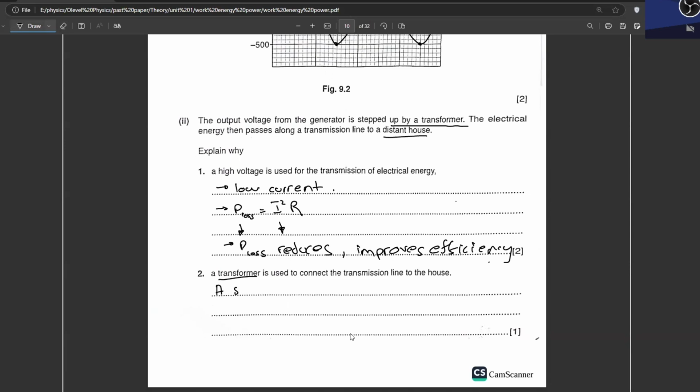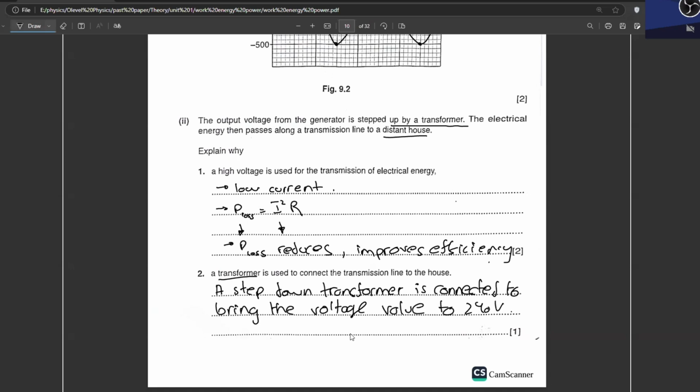A step down transformer is connected to bring the voltage value to 240 volts. Simple as that. Let's move on to the next question.